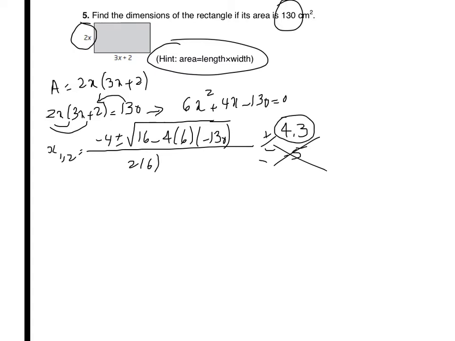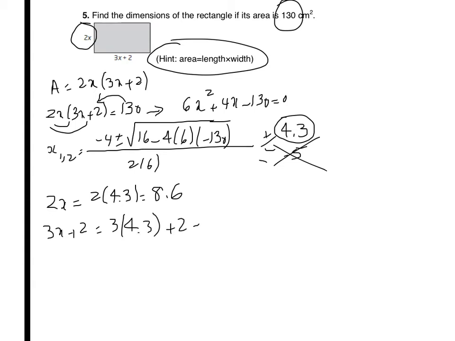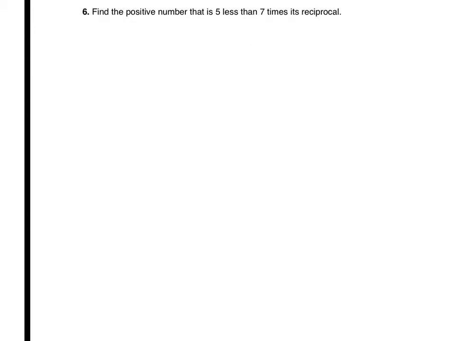So the dimension is 2x, which is 2 times 4.3, which is going to give me 8.6, and 3x plus 2, which is 3 times 4.3 plus 2, which is going to give me 14.9 centimeters.